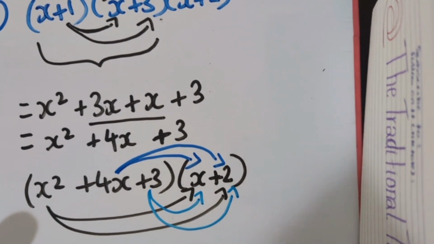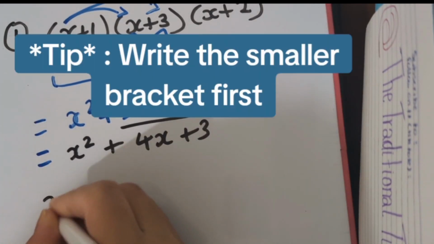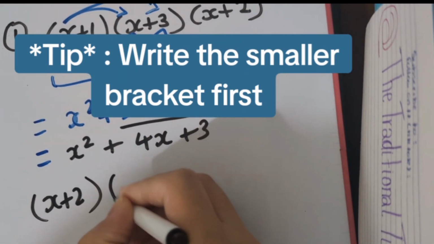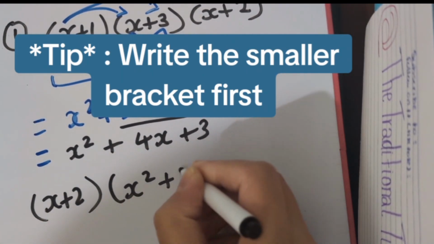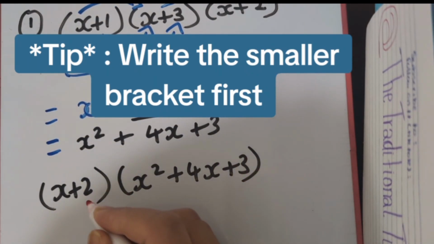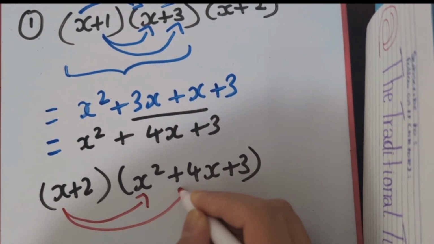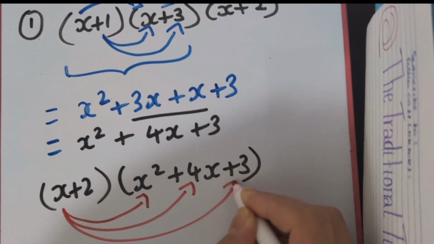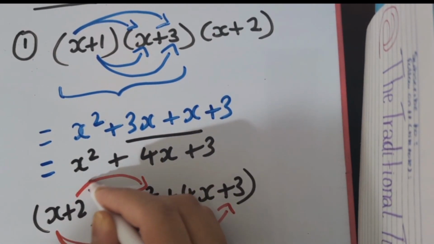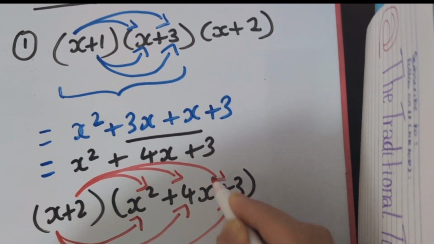The easy option is to get your x plus 2 first, write that on the left hand side, and then write down your quadratic, x squared plus 4x plus 3. I'm going to draw my arrows from x first, so x to each term, then I'm going to do the same with the 2, drawing arrows from 2 to each term in my quadratic as follows.